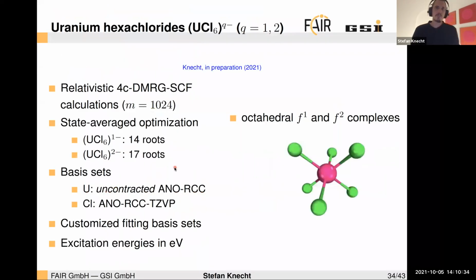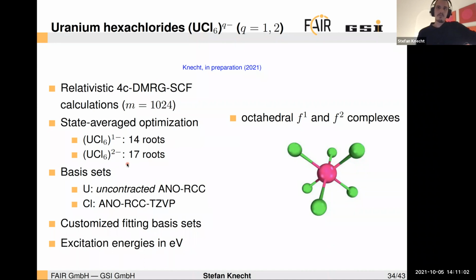And that brings me to some more examples for uranium complexes. Here we, for example, looked at the ground and excited states of some prototypical f1 and f2 complexes. We did a state-average DMRG-SCF optimization, including 14 roots for an f1 system, the uranium hexachloride anion.